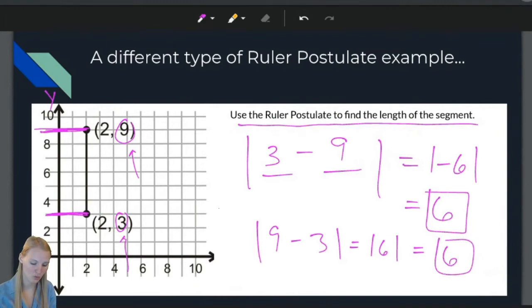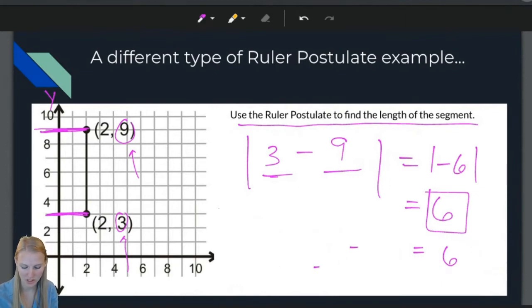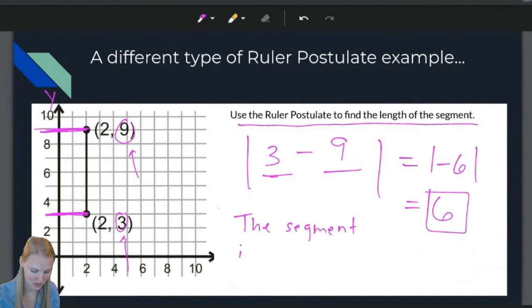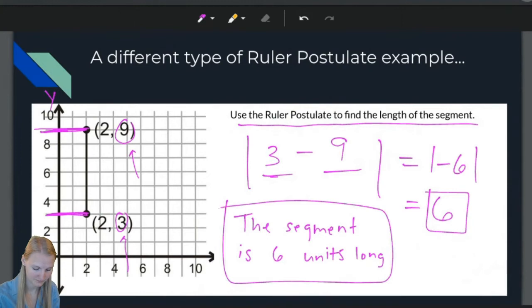So no matter which way you do it, you get an absolute value of 6, which means that the segment is 6 units long. And that is our answer.